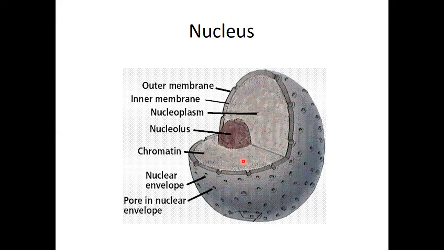When this cell is about to divide, this chromatin is coiled to form what we call chromosomes. So if I can simplify it for you, chromatin is uncoiled DNA, whereas chromosomes is coiled DNA.